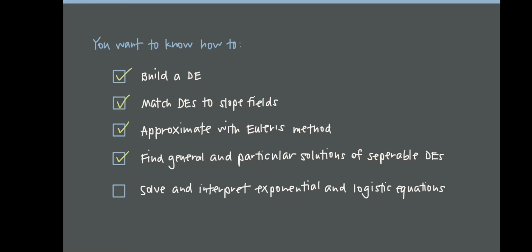And then lastly, you want to be able to solve and interpret both exponential and logistic differential equations. So given a differential equation in the form of an exponential function or the logistic equation, you want to understand what exponential growth looks like versus what logistic growth looks like that is restricted by some environmental factor, and be able to solve for things like carrying capacity, maximum rate of growth, etc.